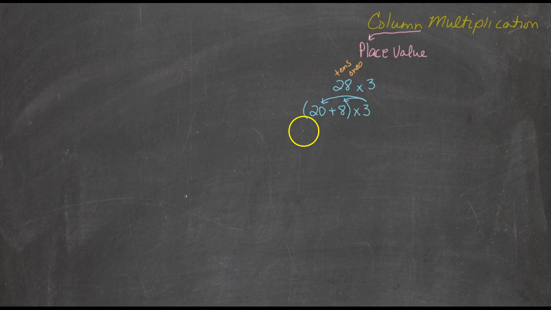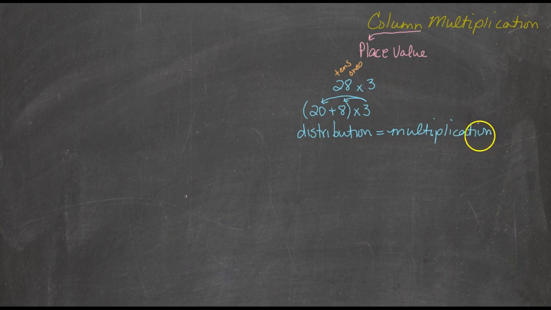This is called distribution, which is just a fancy algebra term for multiplication. It has a different word from simple multiplication because it's used in other cases. It's a special multiplication process.